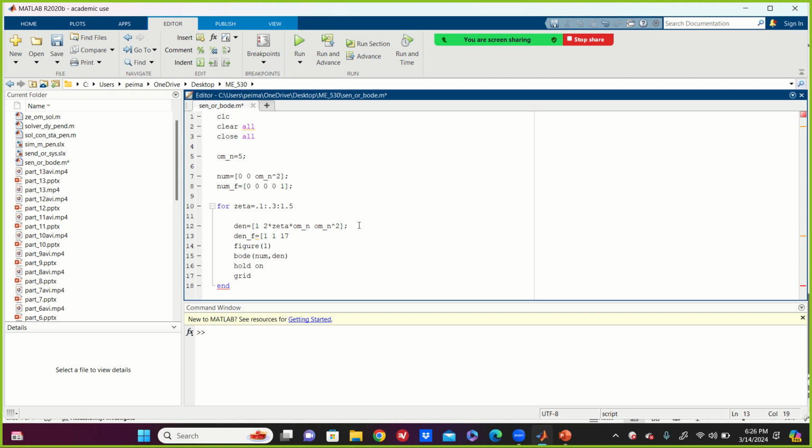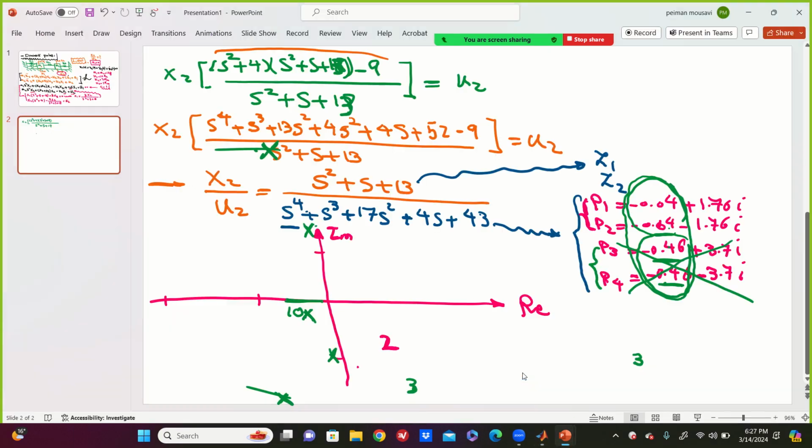Guys, can you hear me? Yeah, it was 443. That's right. But when you're gonna find the open loop, you have to add the numerator and denominator because this is open loop. So let me add it like this because you have to. This is open loop, but you have to add this to this for closed loop.